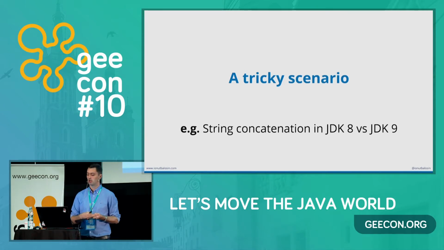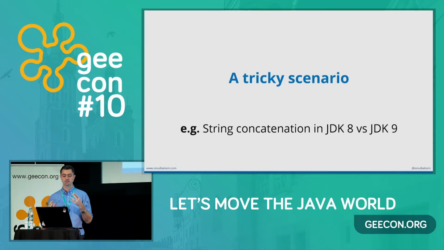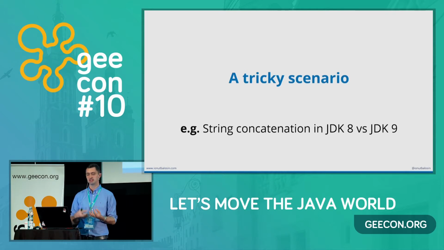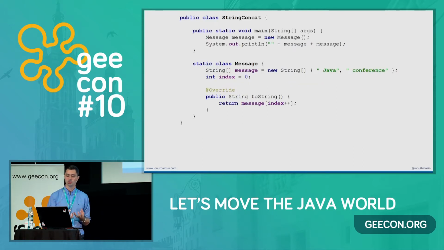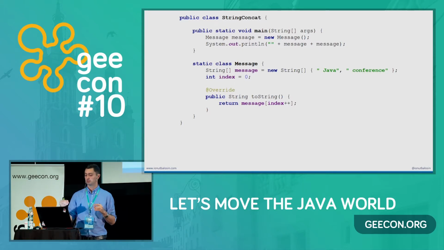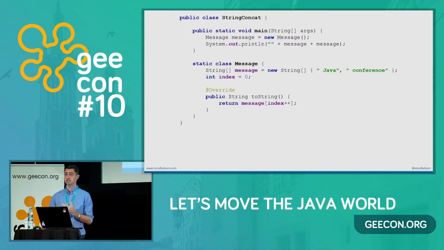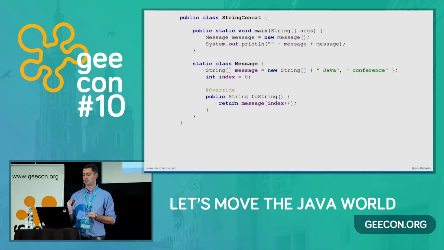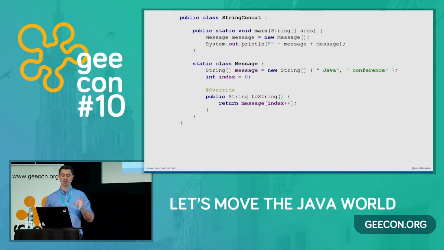If you, for example, test string concatenation in JDK 8 and JDK 9, let's suppose we have a StringConcat class, which contains a method main, and that method creates an instance of a Message and tries to do System.out.println of the message, which calls the toString method, defined inside the inner Message class, which also has an array of strings.